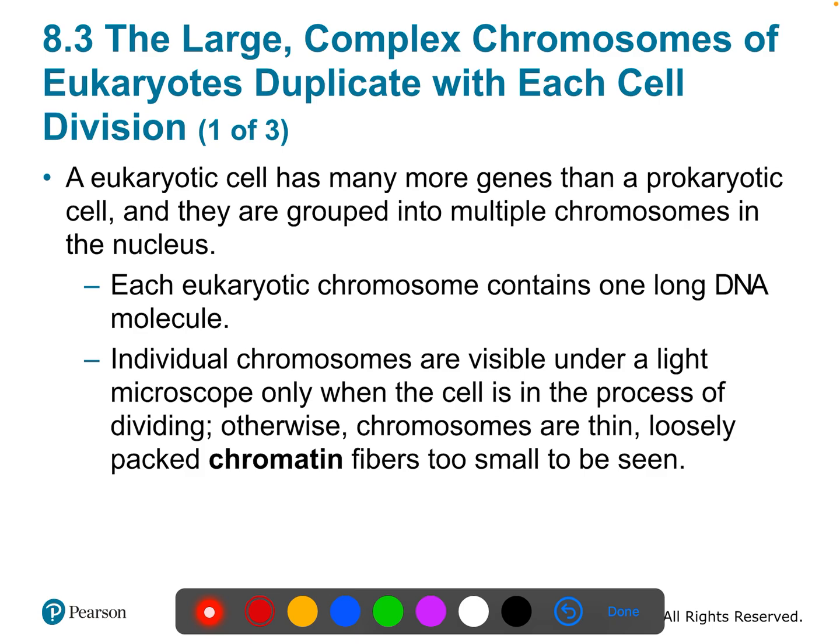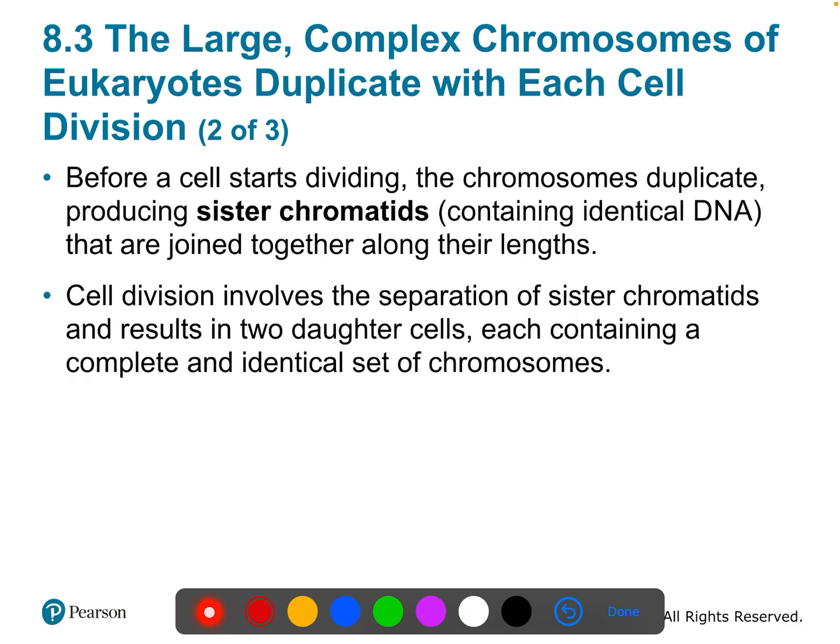When that genetic information is in the nucleus and the cell is not under the process of dividing or preparing to divide, we call it chromatin. And these are very, very small pieces of genetic material. They're thin and fibrous, almost like swirled around like spaghetti. But when the cell gets the message that it's time to divide, that genetic material will actually condense together. And that's when you'll begin to see what we know as a chromosome.